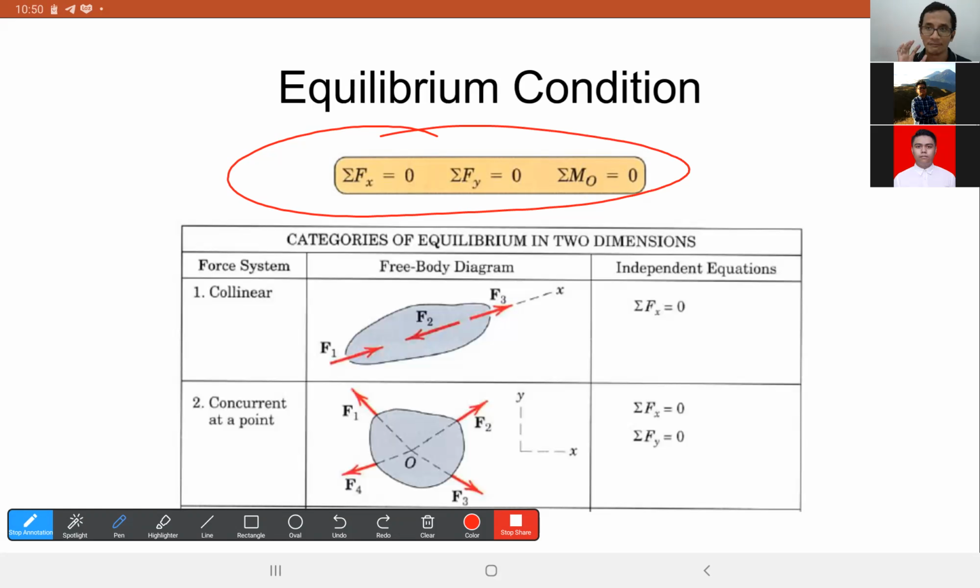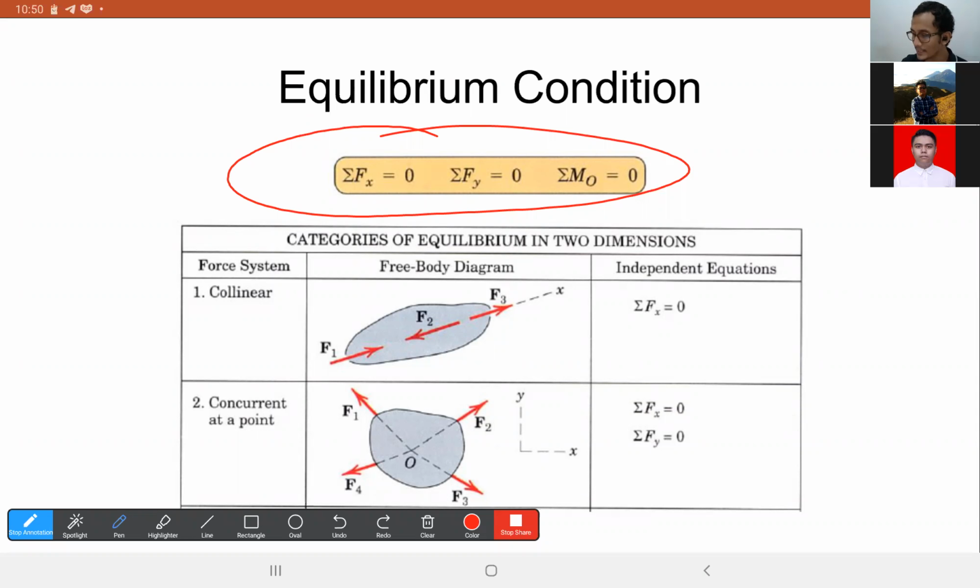And if you have another body which from the beginning rotates with a certain angular velocity, it will keep the same angular velocity. It will rotate at the same angular velocity. So basically there will be no acceleration.